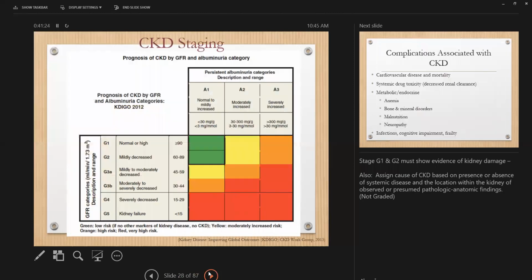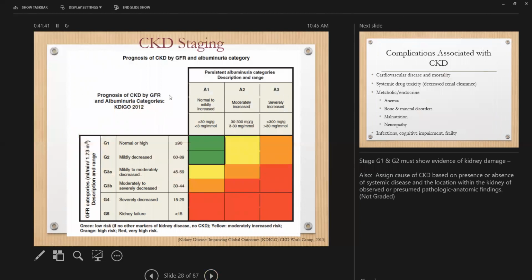This gives you a prognosis of understanding if you have chronic kidney disease by GFR and albumin, what's really going to happen.